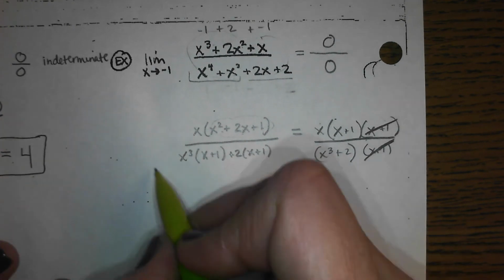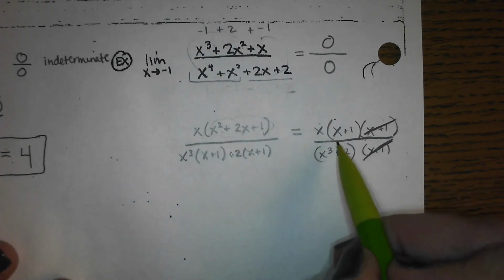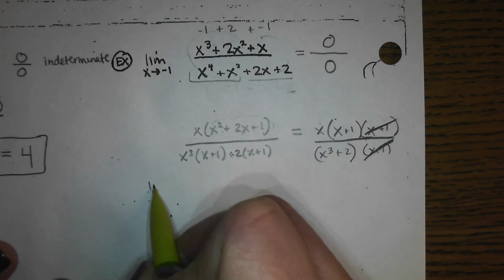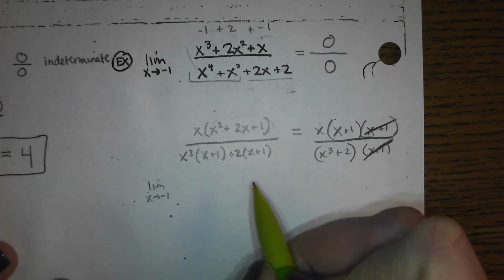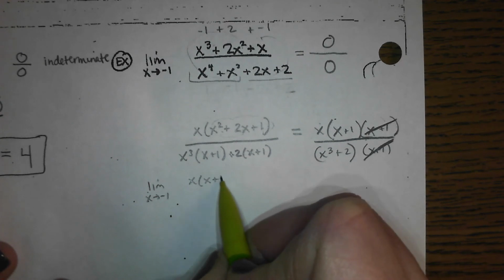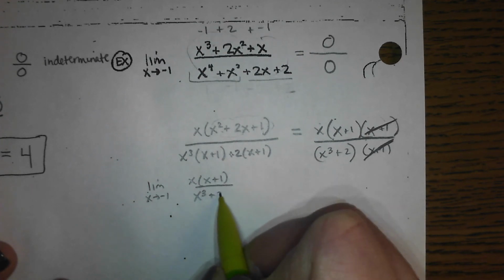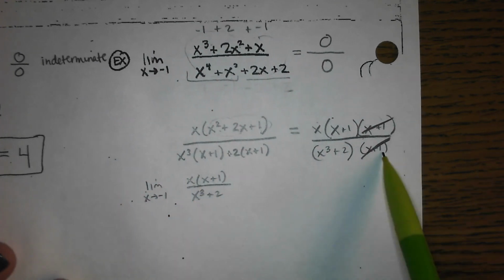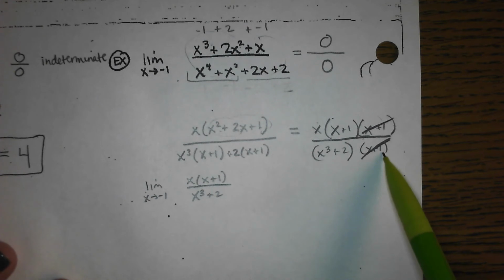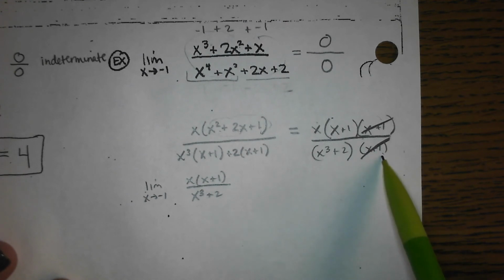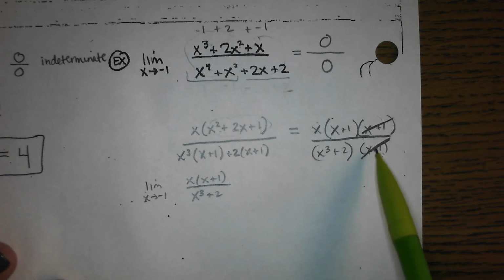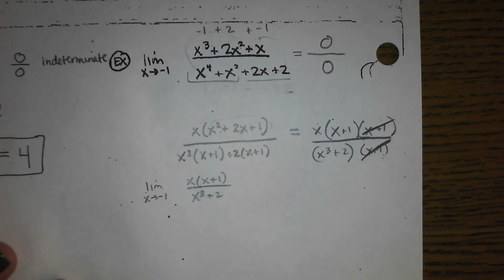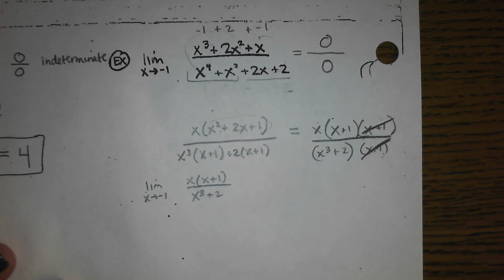And then we reevaluate. So I'll plug negative 1 into the simplified version. And keep in mind that factor of x plus 1 that canceled, that was the factor that was creating the 0 on the denominator, right? You plug negative 1 into the x plus 1, you're going to get 0 in your denominator. Now that that's canceled, hopefully that situation is fixed.